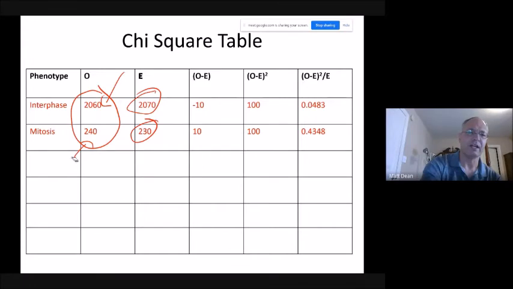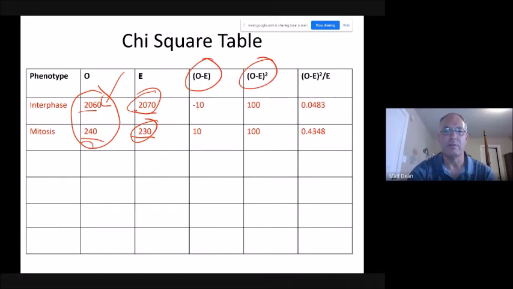And then, just like we've done in the other two examples, we fill in the table. So O minus E, 2060 minus 2070 to get negative 10. O minus E, 240 minus 230 to get positive 10. Square this column to get this column. So negative 10 squared to get 100. 10 squared to get 100 here. And then O minus E squared over E. So this column divided by this column.